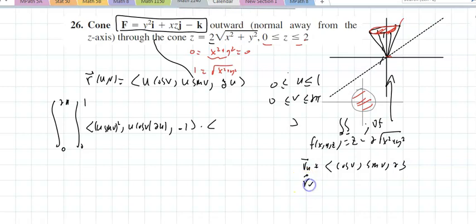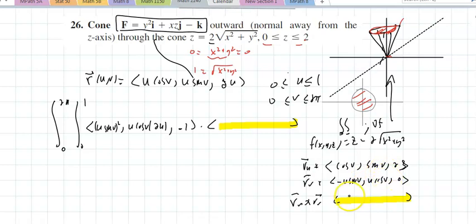What is r sub v? That is negative u sine of v, u cosine of v, and a 0. And you find r sub u crossed with r sub v, that vector right there, and that's the vector you're going to put right there.